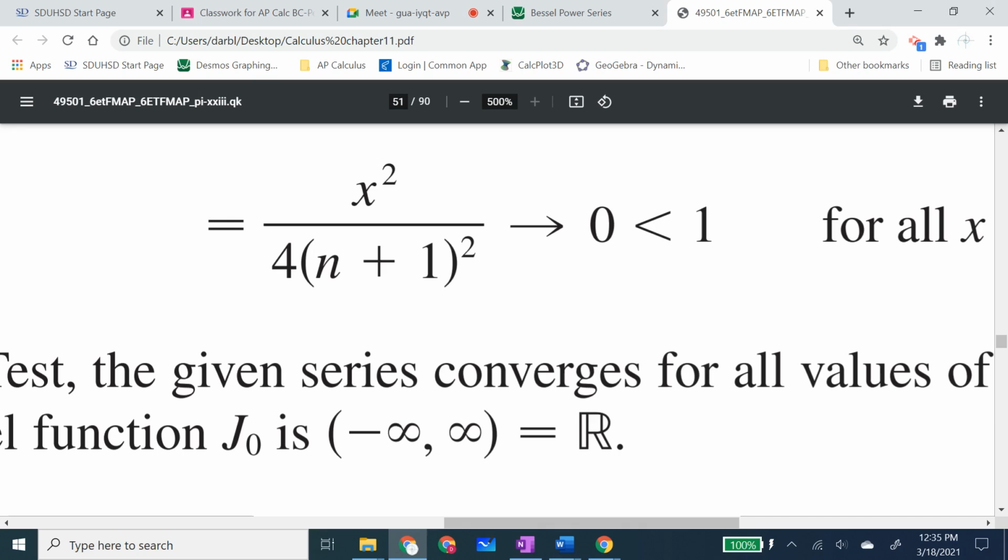If you're looking at the limit as n approaches infinity, x is representing a real number. n is heading to infinity. x does not get to represent infinity, even though we say its domain is negative to positive infinity. x only gets to represent a real number. And if you have a real number over infinity, your answer is 0 flat out. And if the answer to that limit is 0, 0 is always less than 1, thus it always converges.